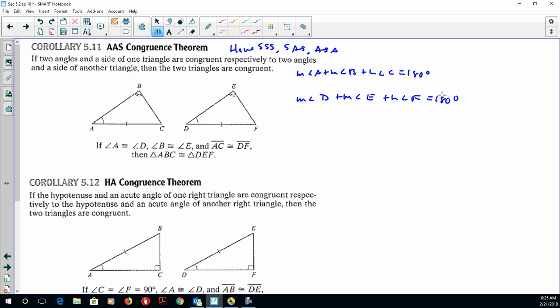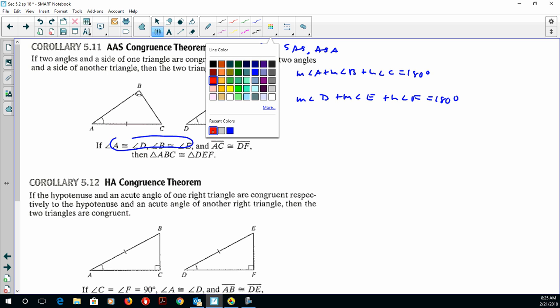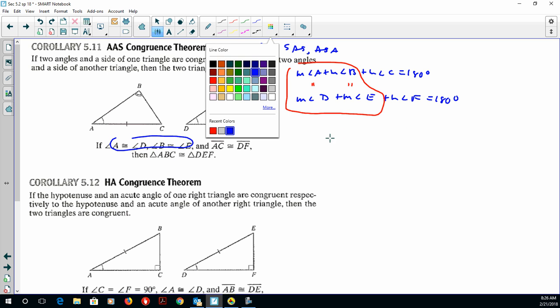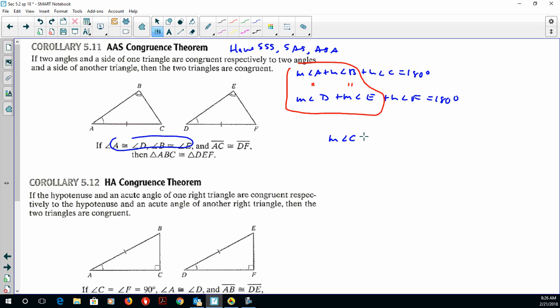Since I have some congruences here, these things are congruent, those things are equal, and from that we get that the measure of angle C is equal to the measure of angle F. So angle C is congruent to angle F.